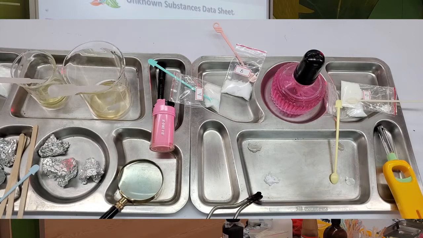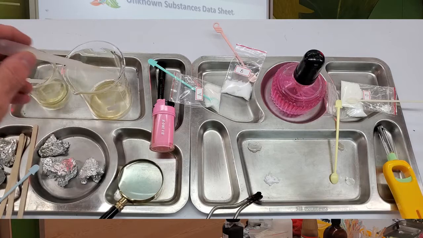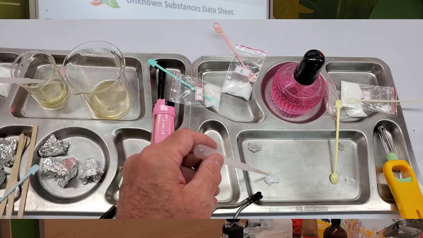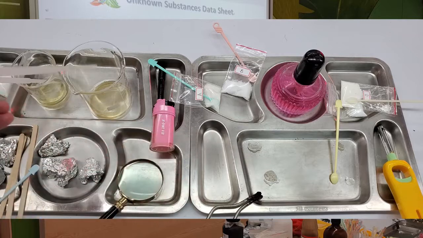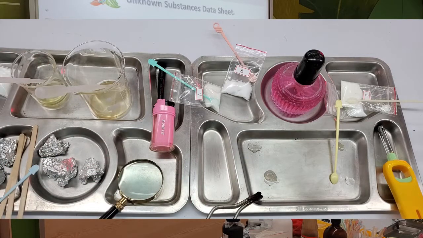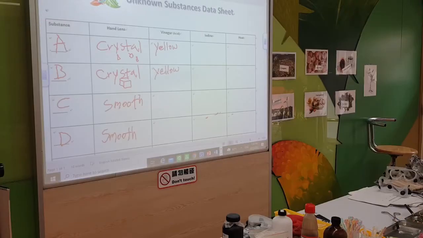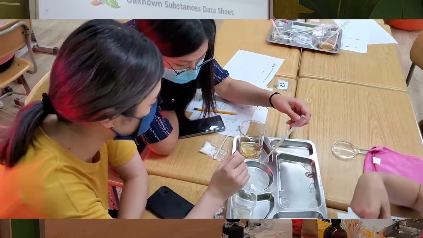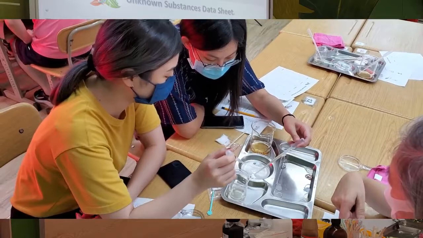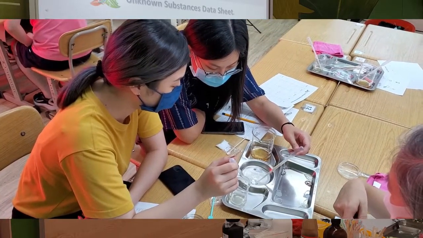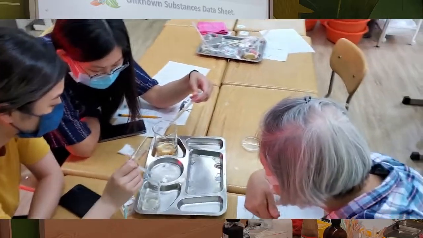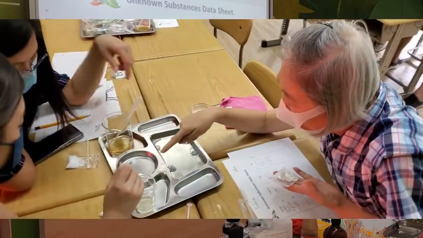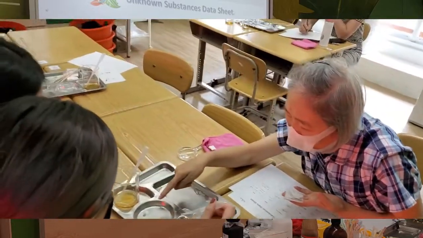Anything? How about C? Bubbles, yes. So color same. A little bit yellow. Okay, so you can write yellow and bubbles. I like bubbles. That's good. It's the only one that bubbled.